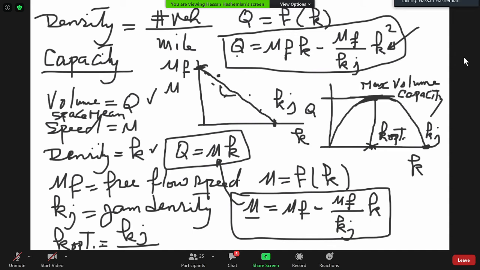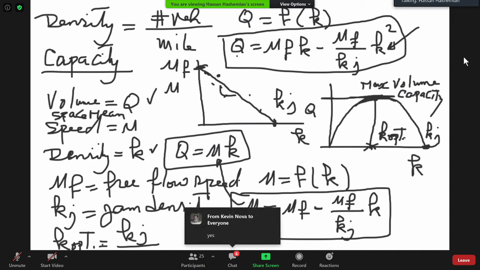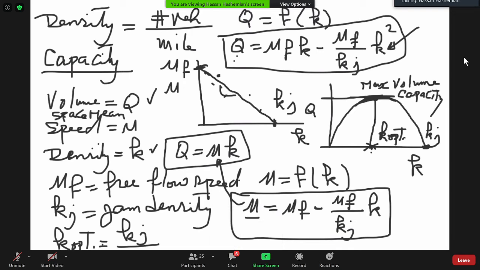You remember your calculus? You differentiate the Q with respect to K and find the K optimum and put it back into the equation and find the maximum Q. So like finding any maximum point on any curve. You differentiate with respect to the unknown, which is K, and then find the K, put it back, and find the capacity.